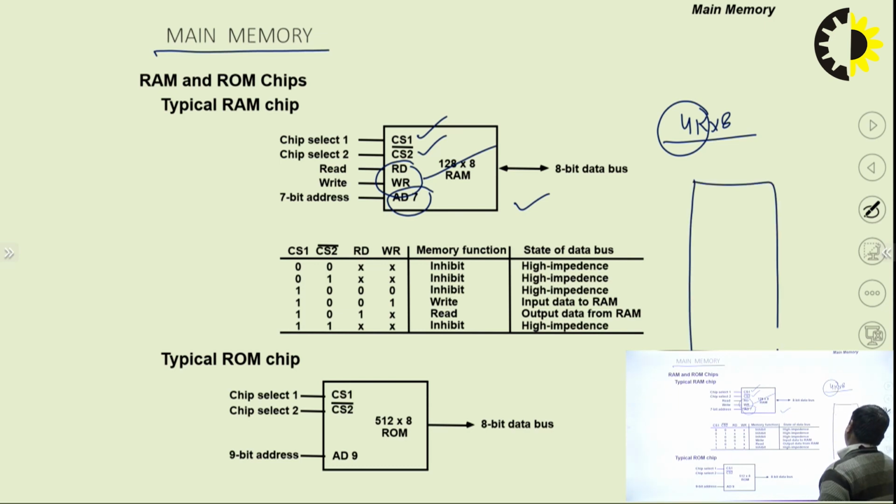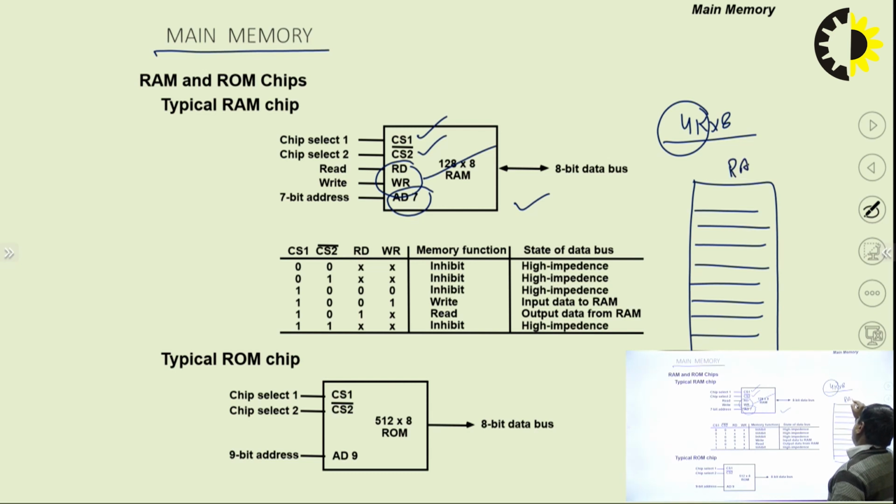This is the diagram of 4K cross 8. This is the RAM, and in each block 8-bit data is stored. And what is the meaning of 4K? 4 into K, where K is 2 to power 10. It means 4096 total blocks are available in the RAM, from 000 up to 4095.